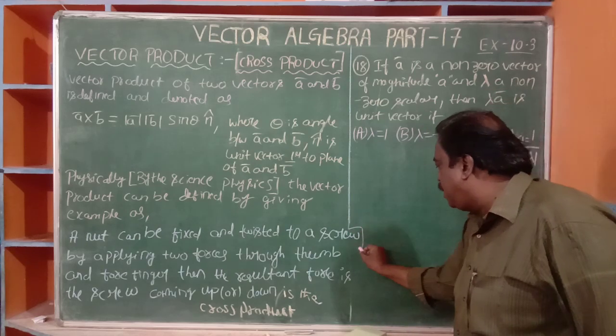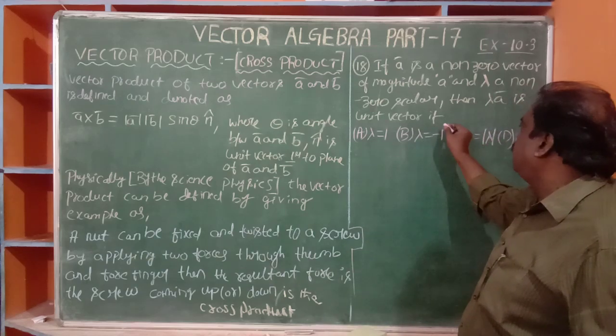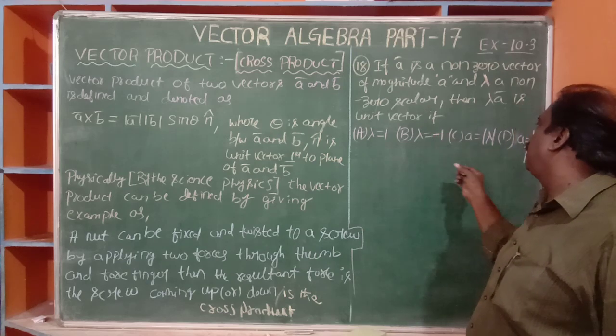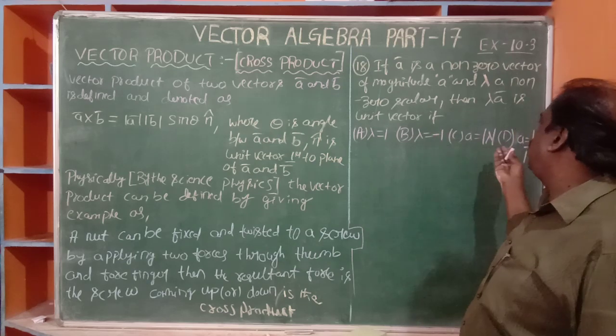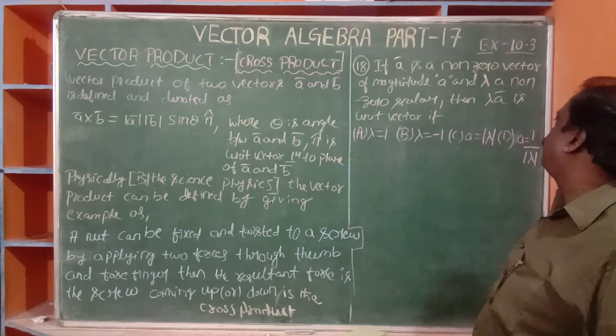Then, is lambda equal to 1, lambda equal to minus 1, lambda equal to mod lambda is equal to a, or a is equal to 1 by modulus of lambda?